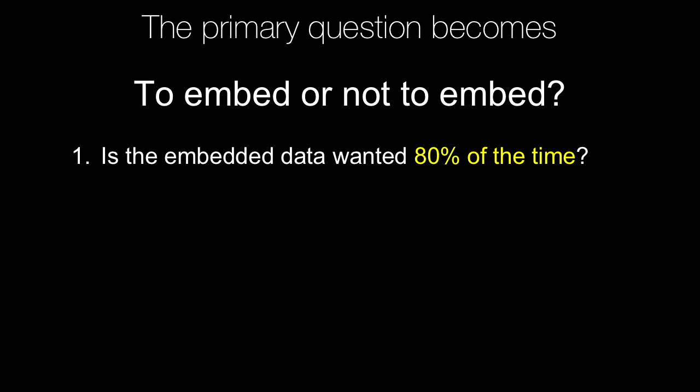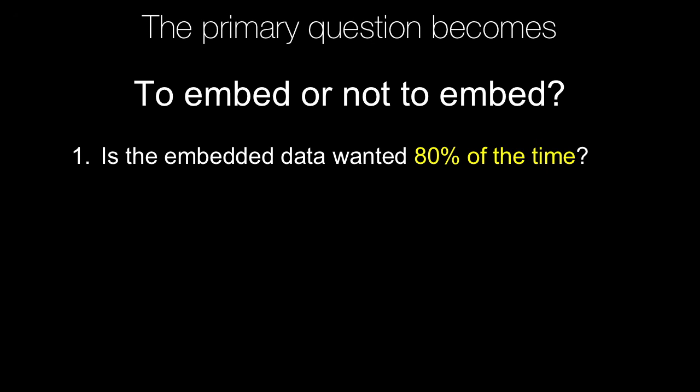So the first one is: is the embedded data wanted 80% of the time when you have the outer or other related object? Okay, so let's go back to our example we just worked with. We had a book and the book had ratings. So to make this concrete, the question here is, do we care about having information about the ratings most of the time when we're working with books?